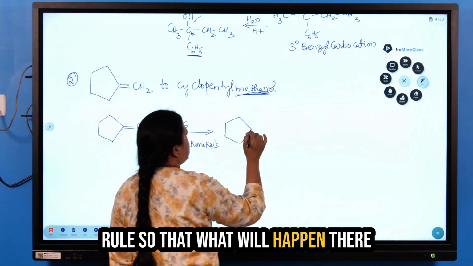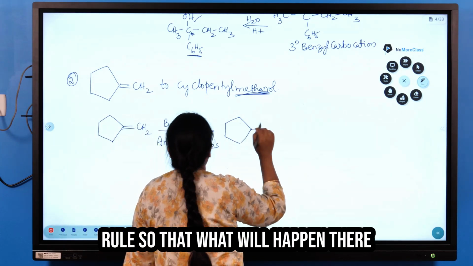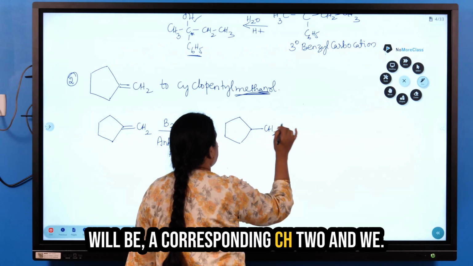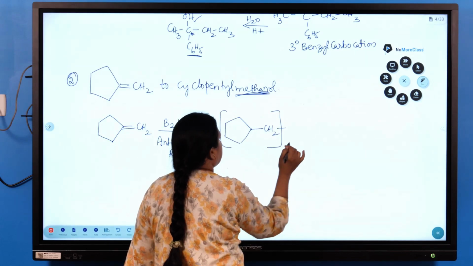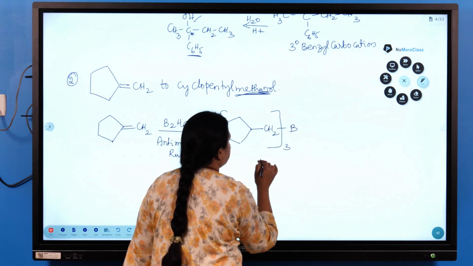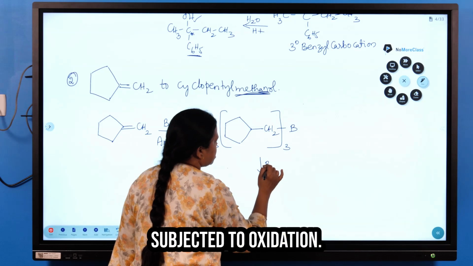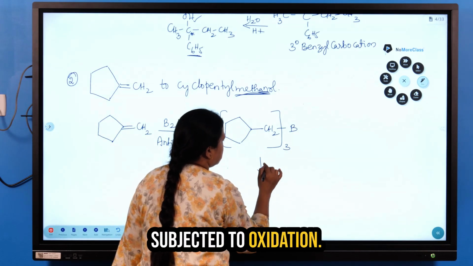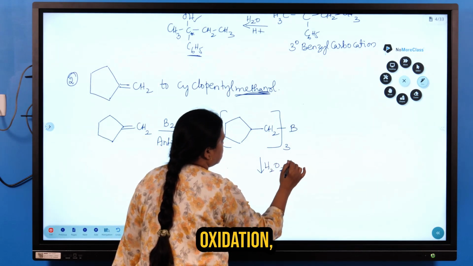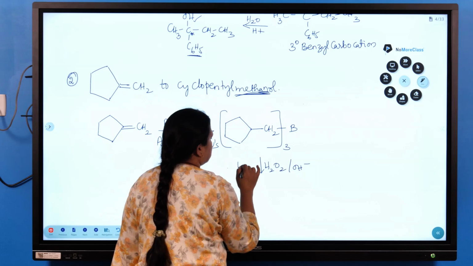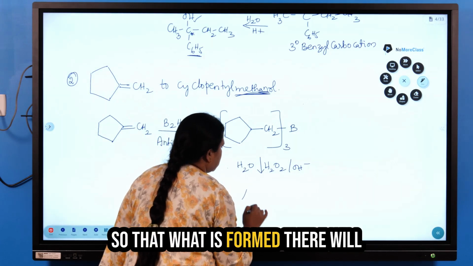So what will happen? There will be a corresponding CH2 and we will get a trialkylborane. Now this trialkylborane can be subjected to oxidation. So what is formed?